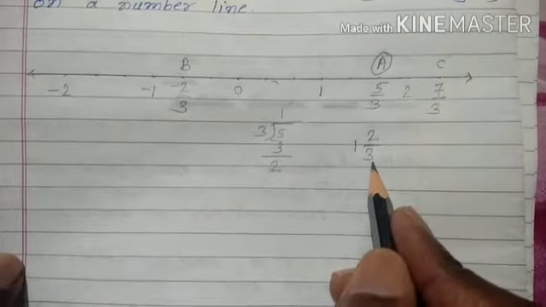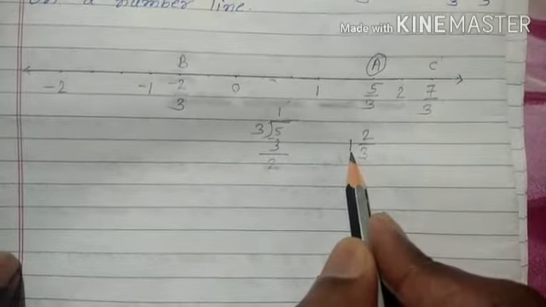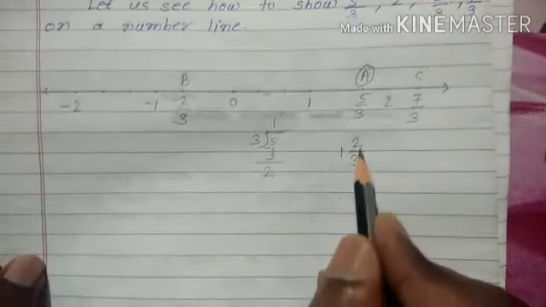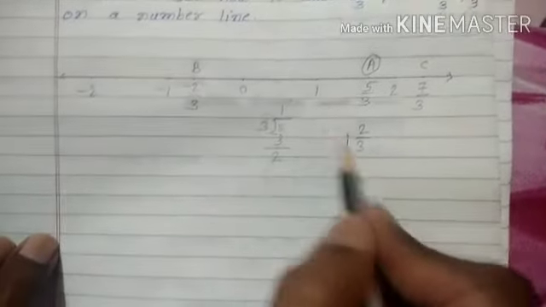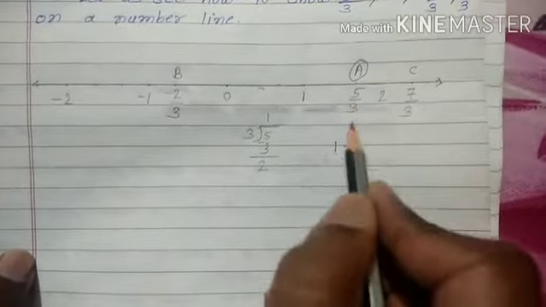So in this way 1 is whole number. So after 1, 2 upon 3. So that is second part. So that is 1 and here 1, 2. So here we can show 5 upon 3.